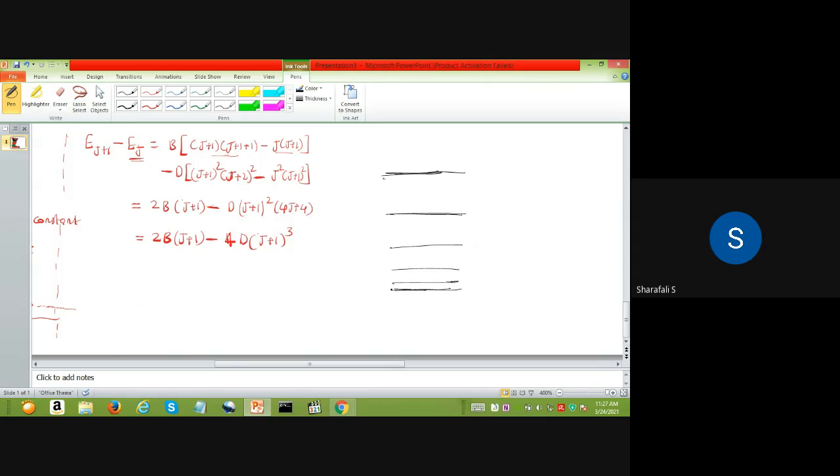I'm not taking the exact values, just showing the schematic.